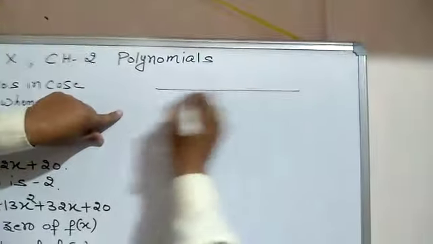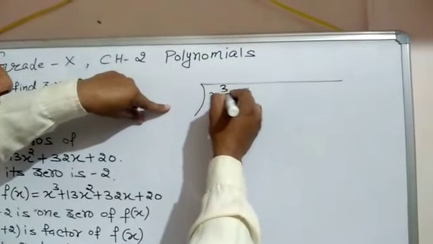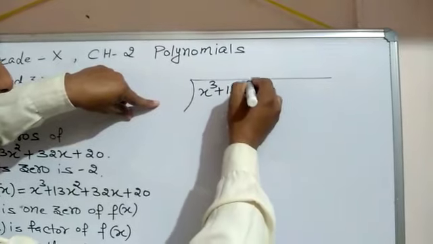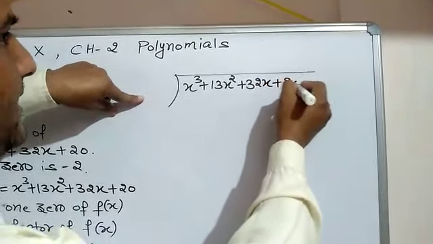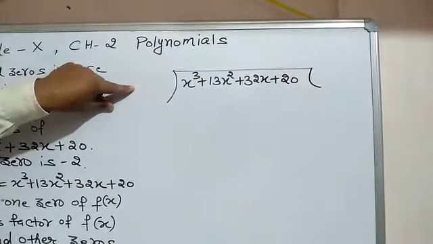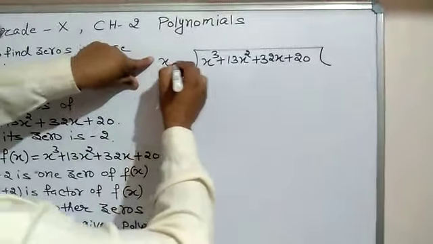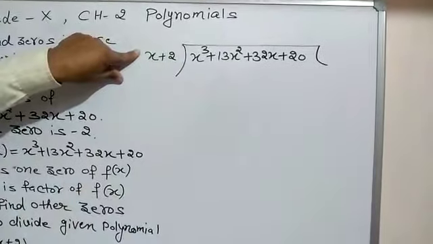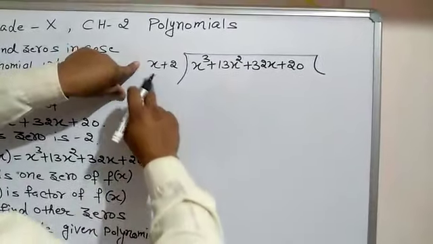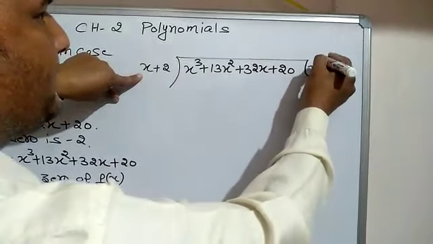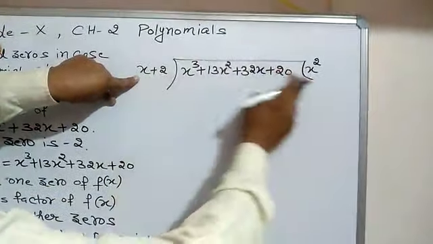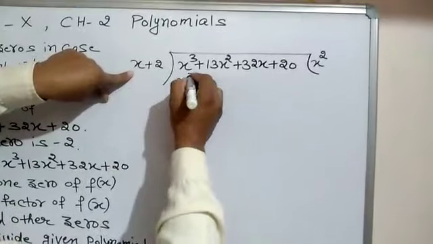So guys, let us divide f of x by x plus 2. Here I have solved it for you. See how we divide our polynomial, that is x cube plus 13x square plus 32x plus 20. This division you already know. So see, here is x, here is x cube, so we have to multiply by x square. x multiplied by x square, we get x cube.